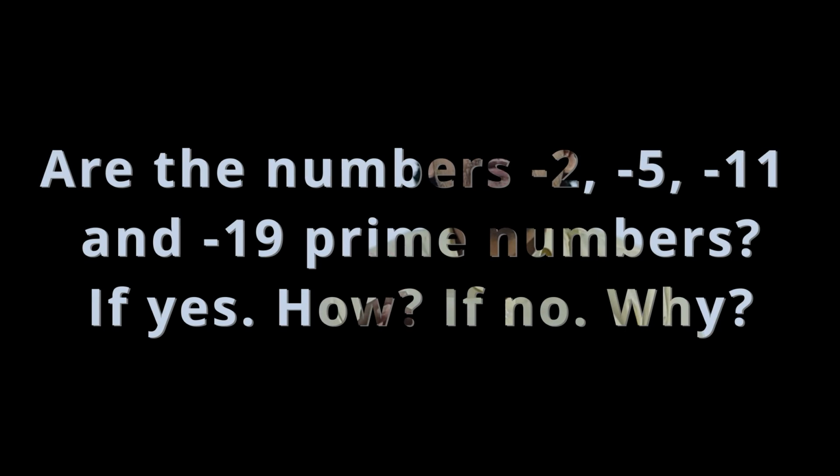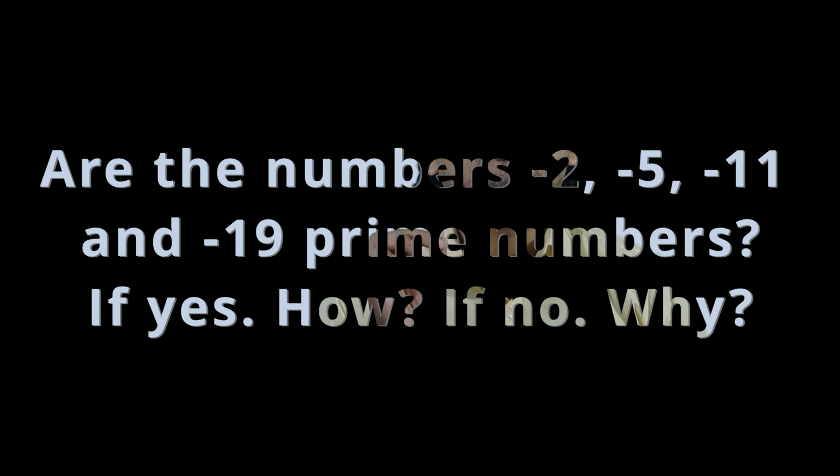So if next time in your examination a question comes that asks you to prove that the root of a prime number is irrational, just follow the rules which I have taught you right now and you will get 100% marks. Now guys, I have two questions which I want to ask. Can you tell me whether -2, -5, -11 or -19 are prime numbers?